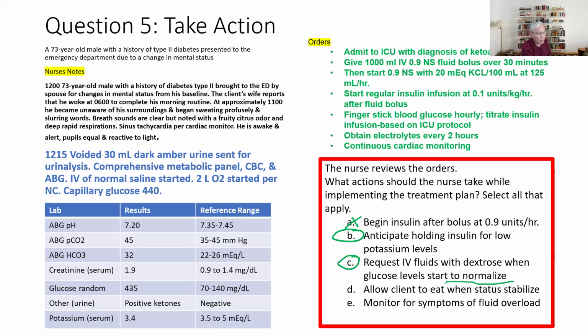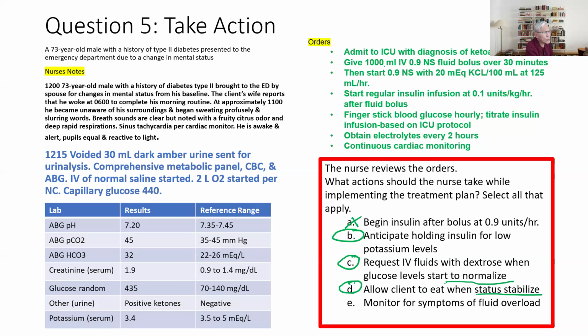Allow client to eat when status stabilized. Well, this is going to be okay, right? Because then you can increase the blood glucose levels that way. So letter D is okay, in order to prevent hypoglycemia while insulin is being given to the patient. And monitor for symptoms of fluid overload.